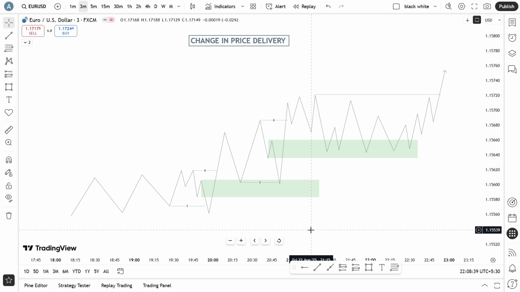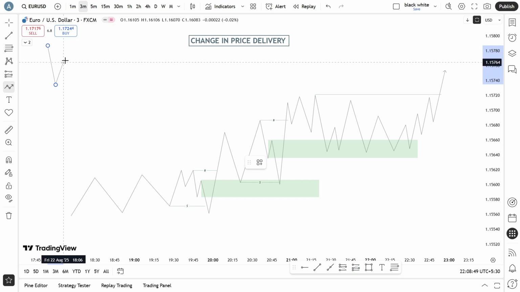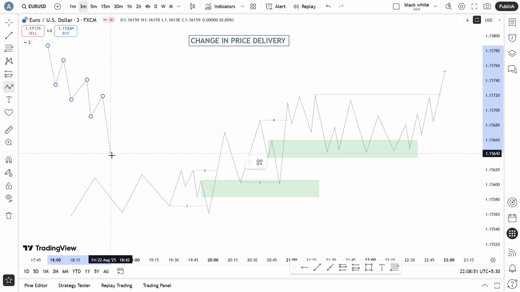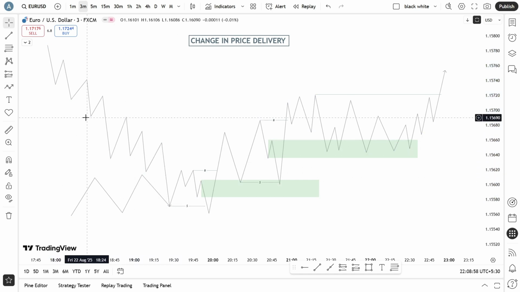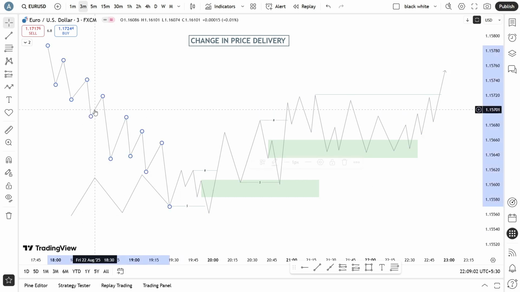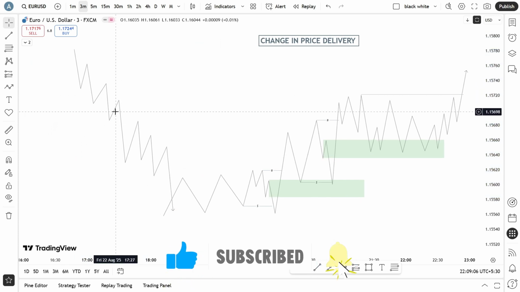So, this is particularly a price delivery concept where, let's say in this case, the price was coming from a high, and we were continuously falling, and if the price had to go higher, then most likely we will be seeing some kind of accumulation phase right below it.